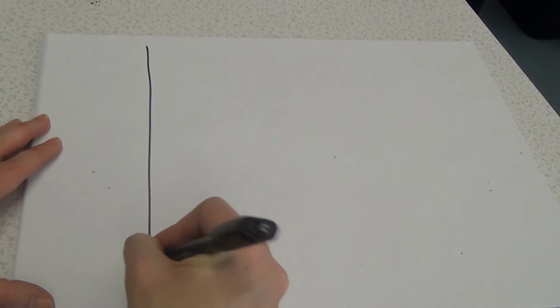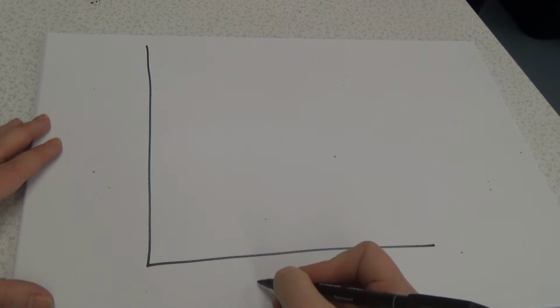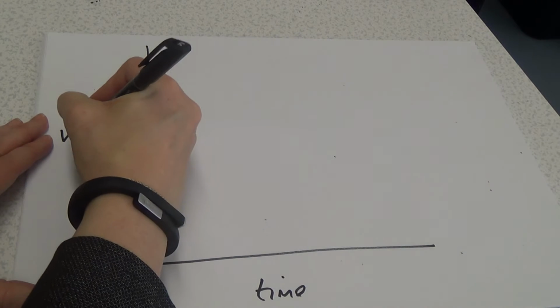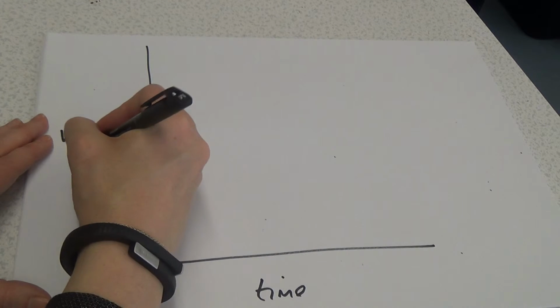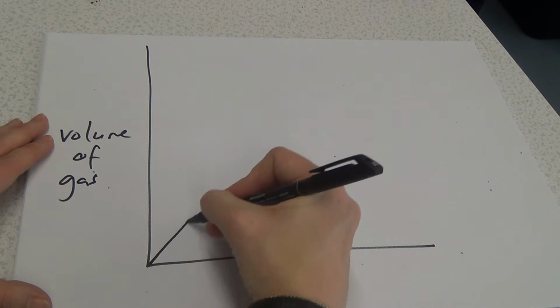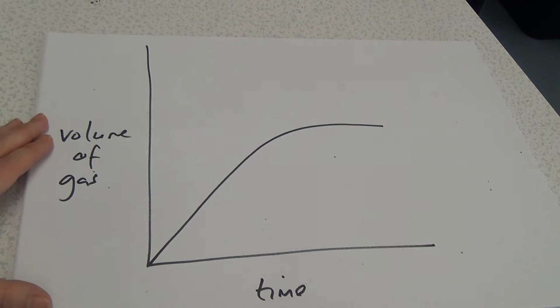In the case of graphs, there are certain key things that you have to be able to interpret. We might have, for example, time along the bottom, and let's do something similar, like volume of gas, like we did in video 1. You get a very similar shaped graph every single time.